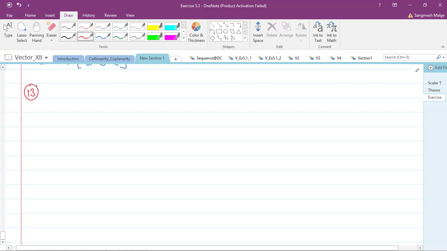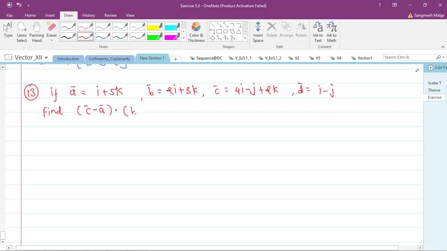If a bar is equal to i plus 5k, b bar is equal to 2i plus 3k, c bar is equal to 4i minus j plus 2k, and d bar is equal to i minus j. Find (c bar minus a bar) dot (b bar cross d bar).